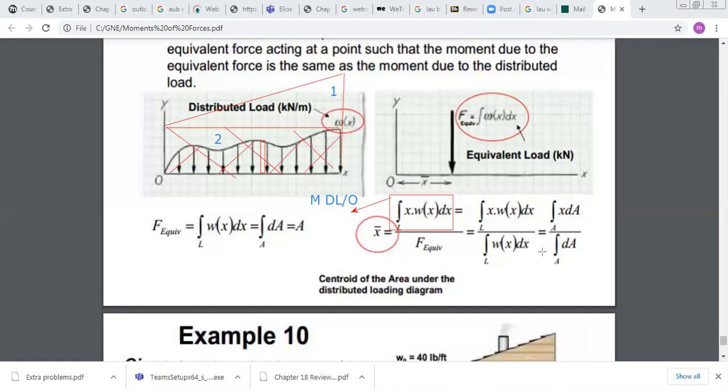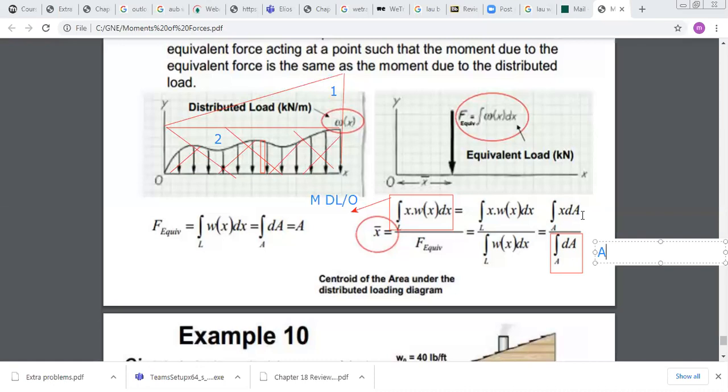And of course, the integral of dA represents what? The total area. So this term here, which is F resultant, is the total area under the curve. So this is the area under the load. And the integral of x dA represents the moment expression.